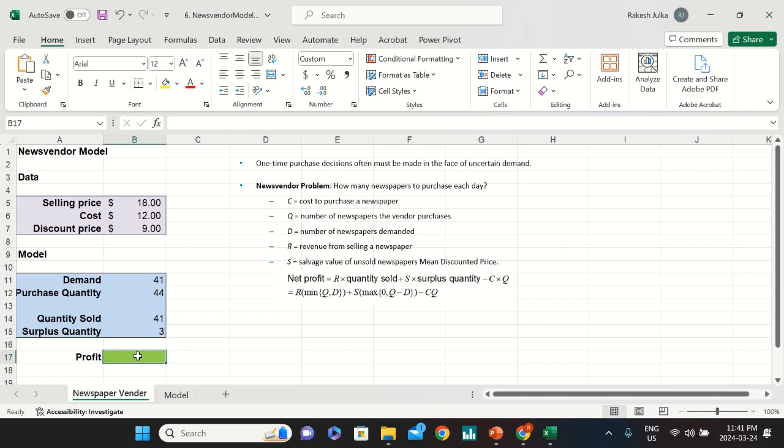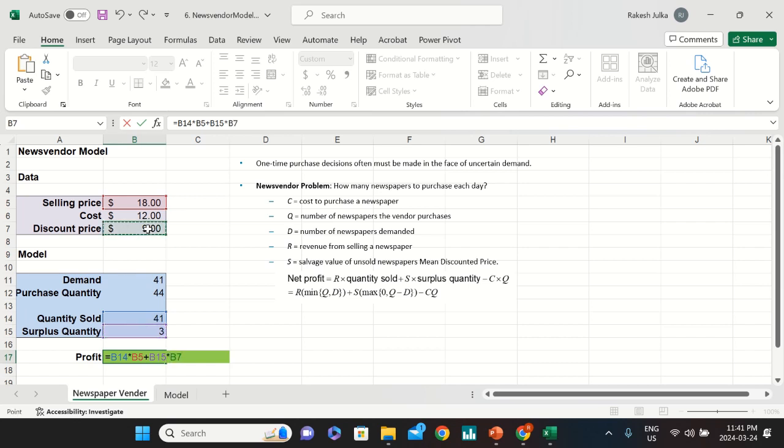Now how do we calculate the profit in this case? Profit can be calculated as follows. First of all, the sale price: equal sign, how many units were sold, 41, multiplied by selling price, plus how many units were not sold, 3, that means surplus quantity, multiplied by discount price.